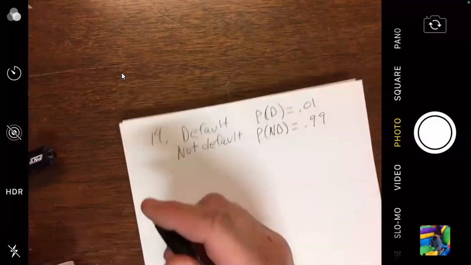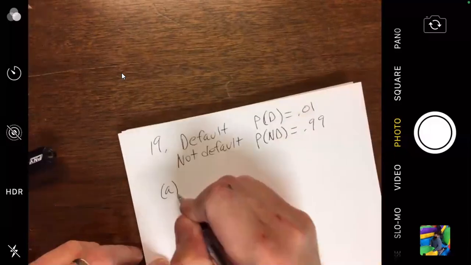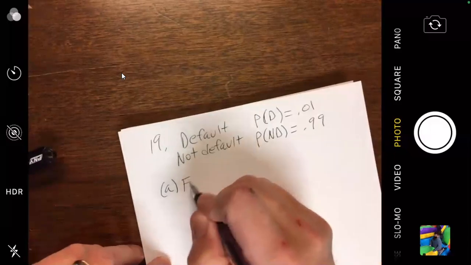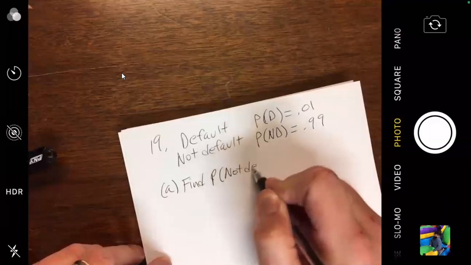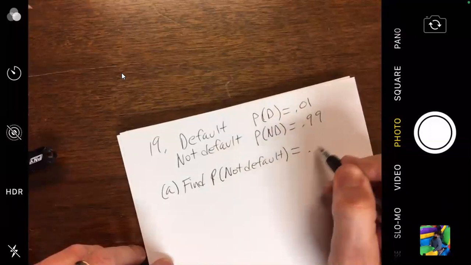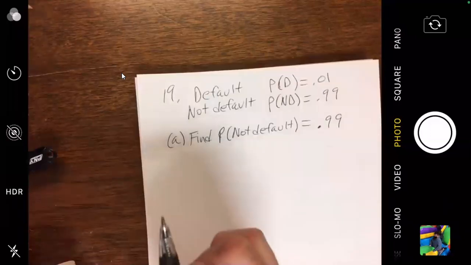So we go to A. In fact, I just answered A. Find the probability that a randomly selected mortgage will not default. And sure enough, I just did it, 0.99, 99% chance someone won't default.